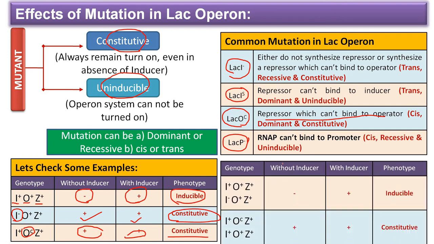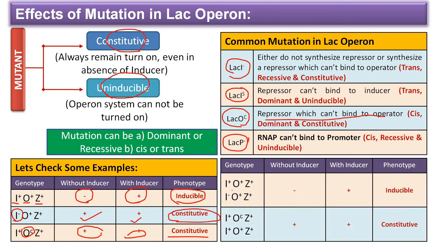Now some other examples. Here we can see in the first chromosome this is a normal one, but in the second one the I gene is mutated. Now what type of mutation is in the I gene? Let's see here, it is a recessive type of mutation. Means if the wild type gene is present, then the effect of mutation cannot be seen.